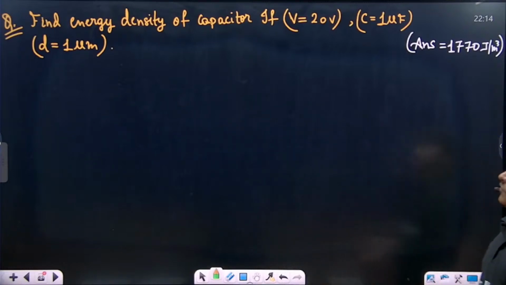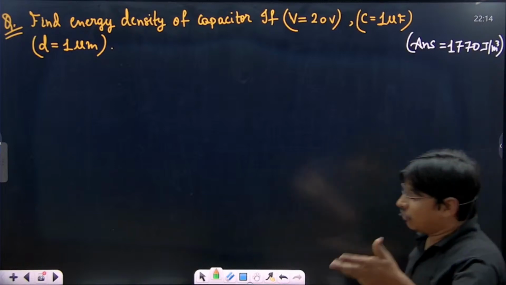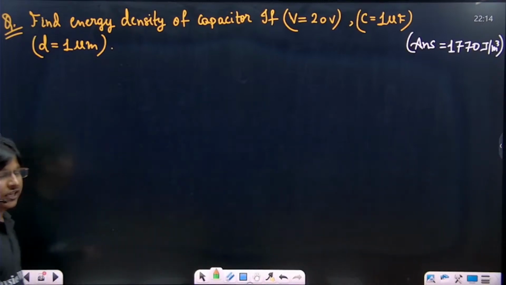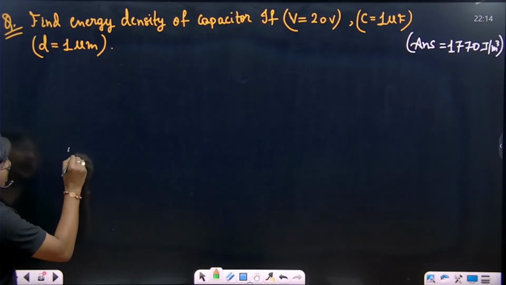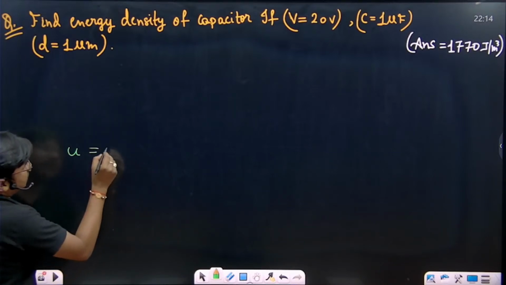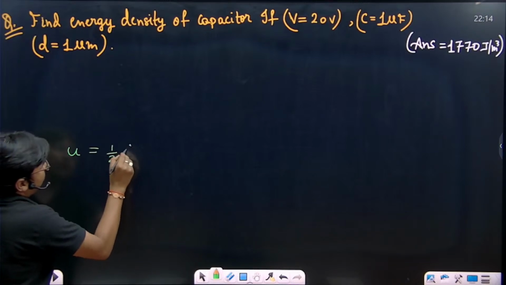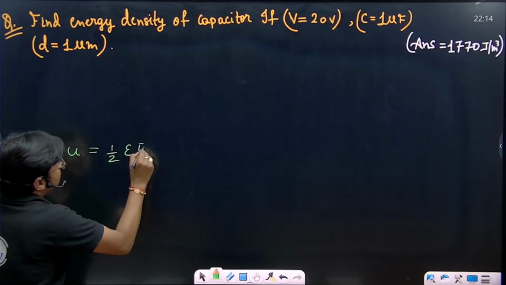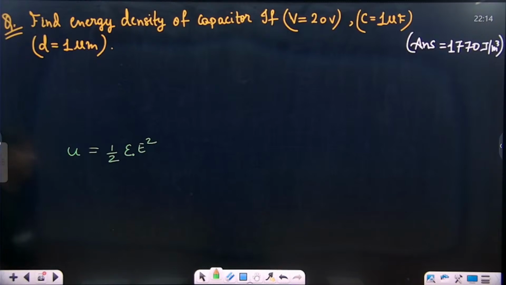The question is: find the energy density of a capacitor. If you recall the formula, energy density will be half epsilon naught E square. We already have the potential difference, 20 volt, and the distance, 1 micrometer.